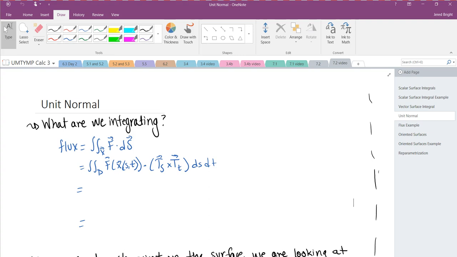And so I can write this as, okay, integral over D of F of X of t, and this is going to be notation hell, so bear with me. And then I can multiply and divide by the magnitude of this normal vector. So if I do that, I'm just going to pull it apart a little bit.